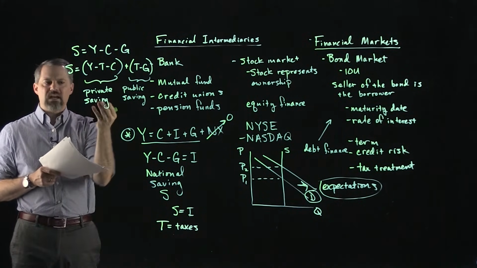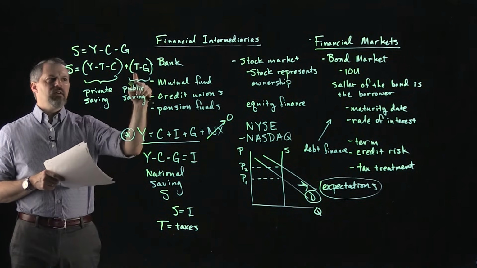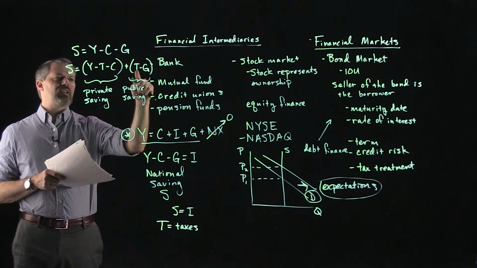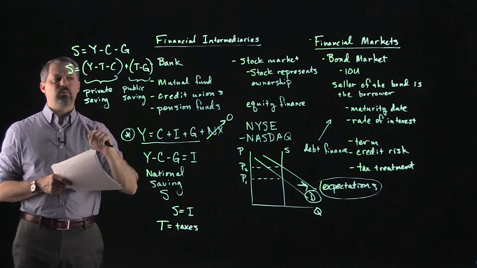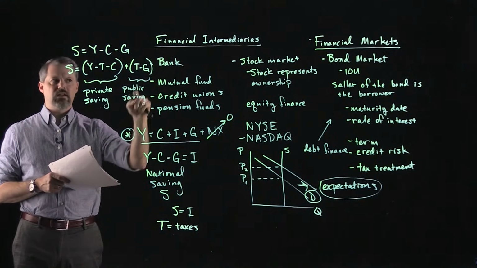What's left over would be however much you're saving. This term right here, T, is tax collections by the government. Taxes would be the government's income, minus what the government spends. That's public saving, okay? Government saving.